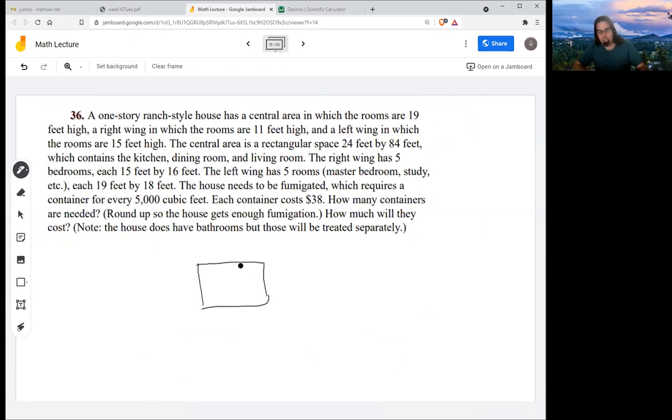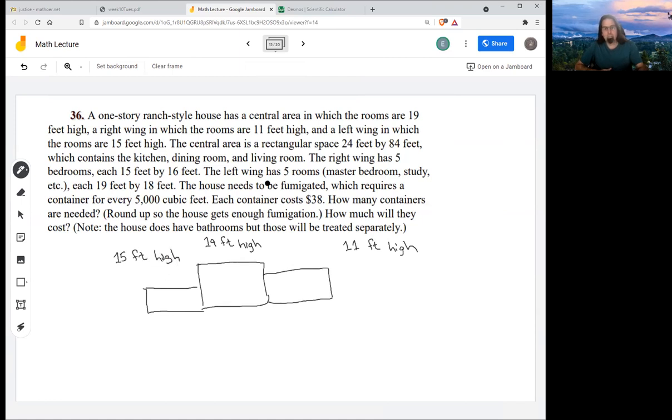Not sure what I'm going to do with that yet, but I'll put it kind of close to that. A right wing, in which the rooms are 11 feet high. I might have to fix my shape. I'm just sort of putting things in. And a left wing, in which they're 15 feet high.